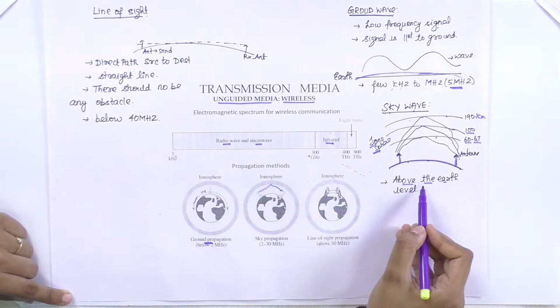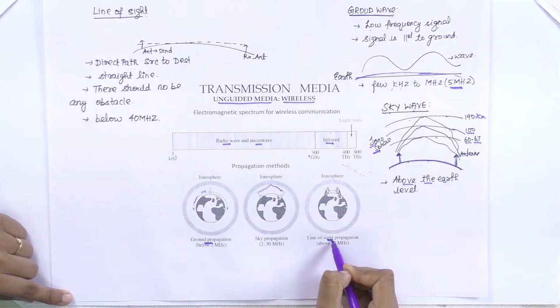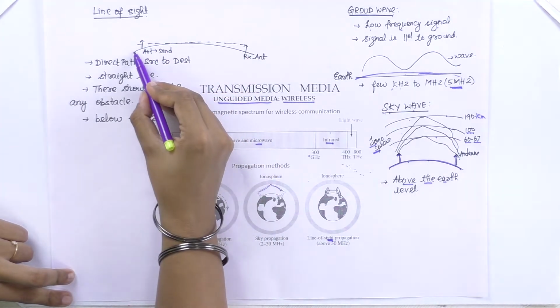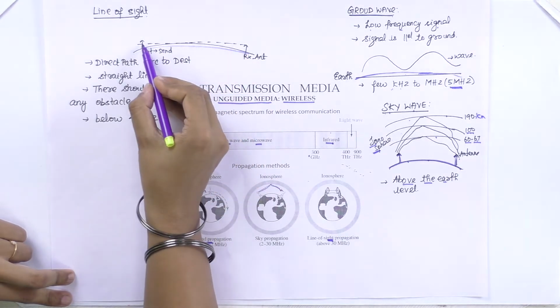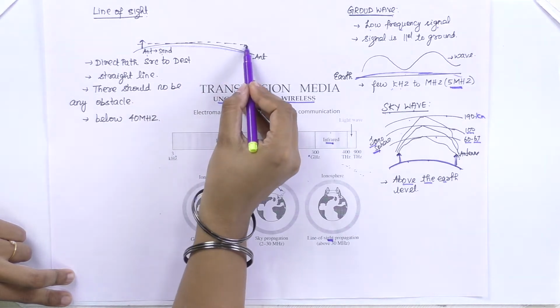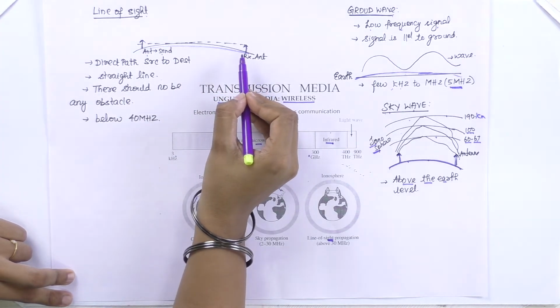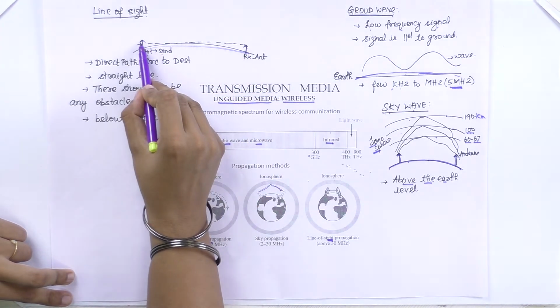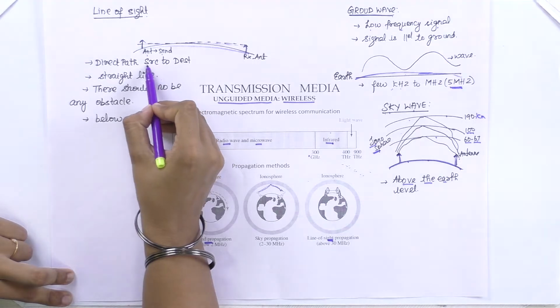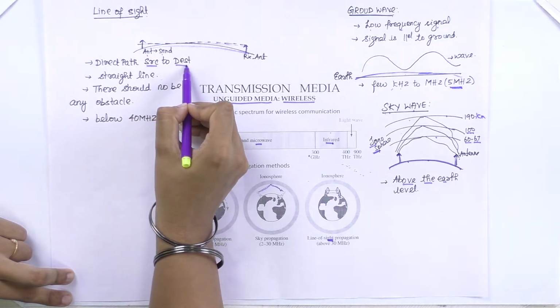Next one will be your line of sight propagation. So this one will be my earth level. Here I have a sending antenna and here I have a receiver's antenna. Your light signal travels in a direct path from your source to destination.